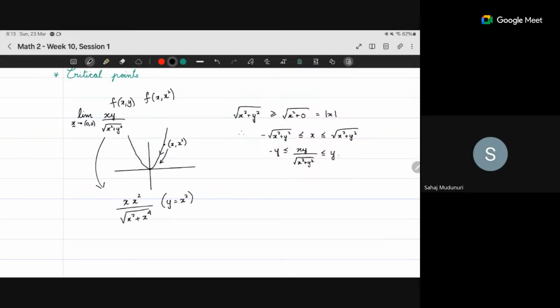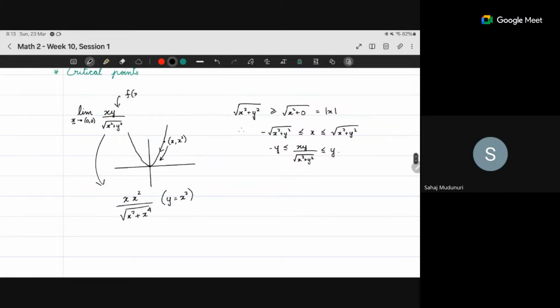This is the function whose limit you have to evaluate, f, and your domain is a neighborhood of your limit point. In this case, it is R2 minus (0, 0) itself.